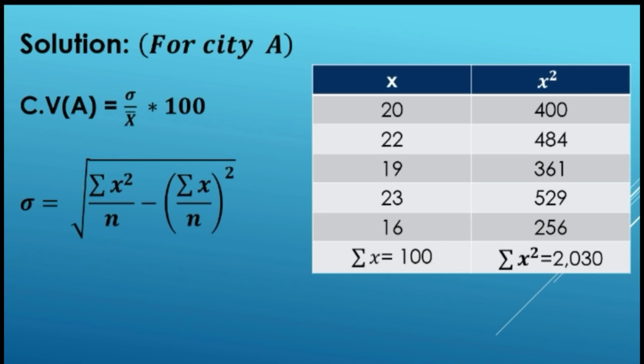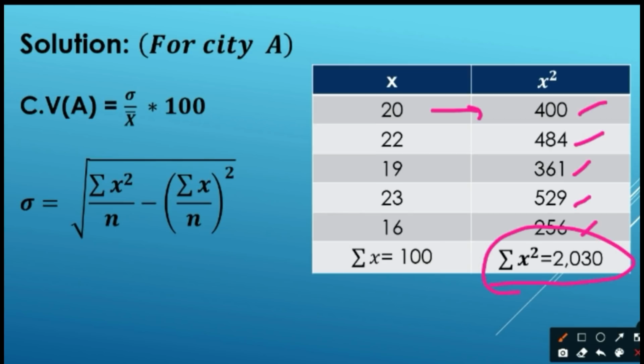Students, I have calculated here the value of x square. 20 square is 400, 22 square is 484, 19 square is 361, 23 square is 529, 16 square is 256. Summation x square is 2030 and summation x equals 100, while the value of n is 1, 2, 3, 4 and 5. So the number of observations in the data is 5.